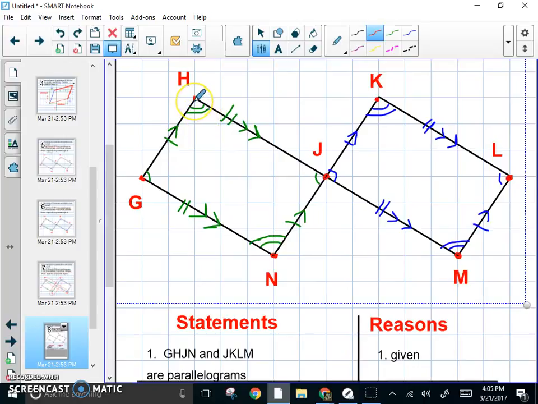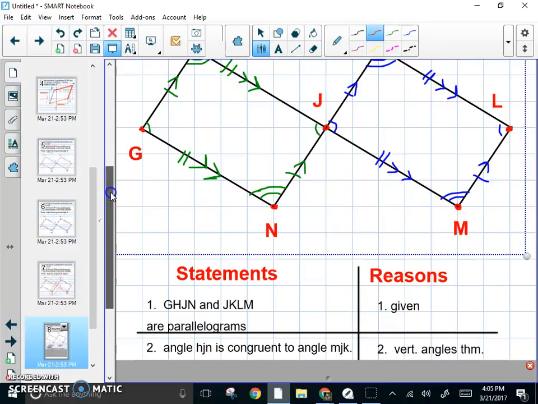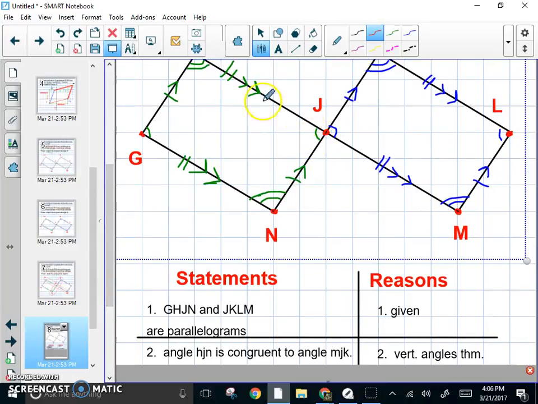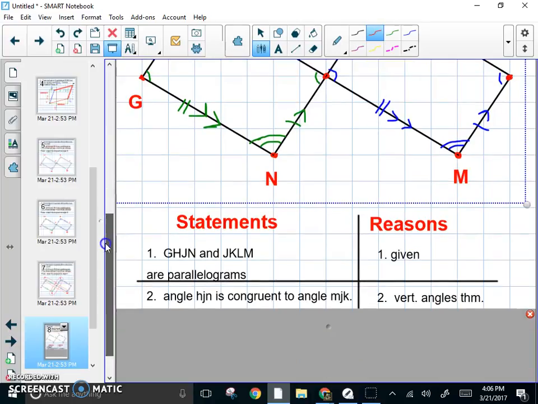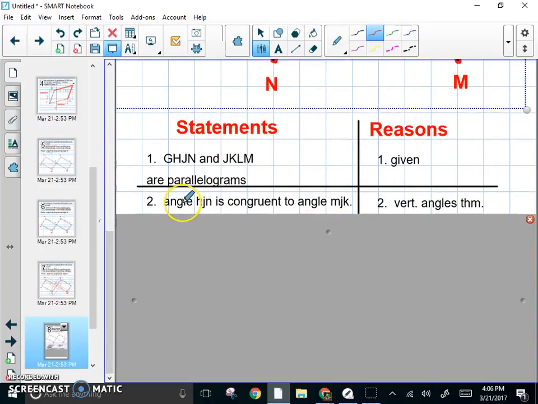Now, we need to also state the obvious. This angle, which you have to say the 3 points HJN and MJK, are congruent because they're vertical angles. Okay, so angle HJN is congruent to angle MJK by the reason of vertical angles theorem.